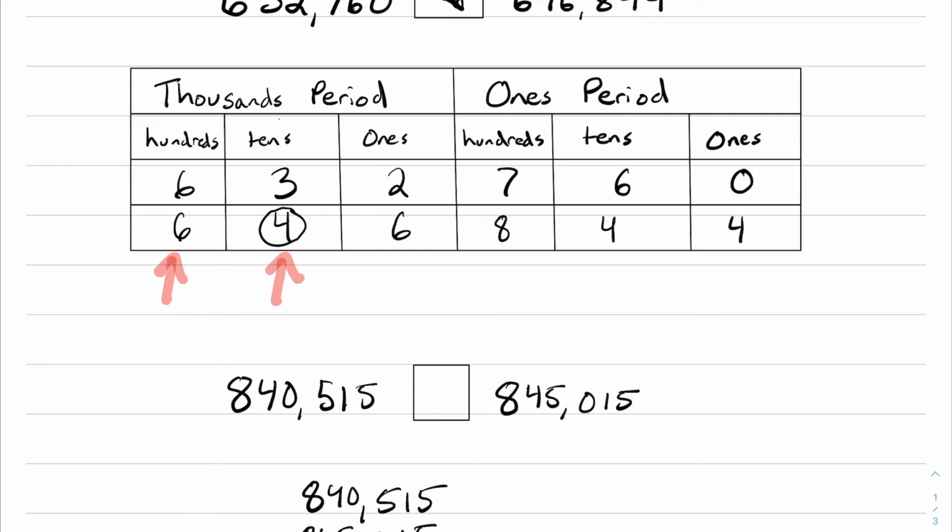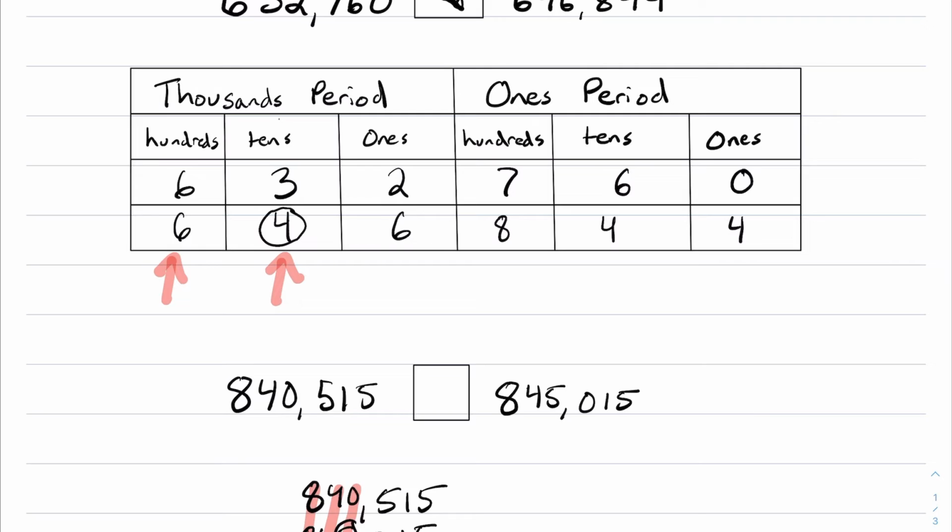And then we start from the left side. So we can compare. We have 8 and 8, so those are the same. We have 4 and 4. So we still have the same. We have 0 and 5. So now we have a different number here. And we know that 5 is bigger than 0.